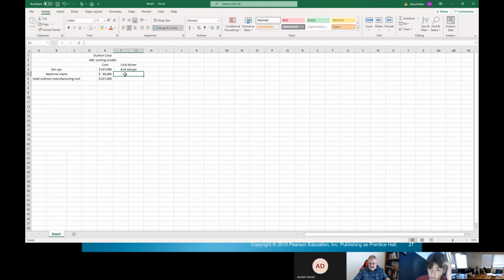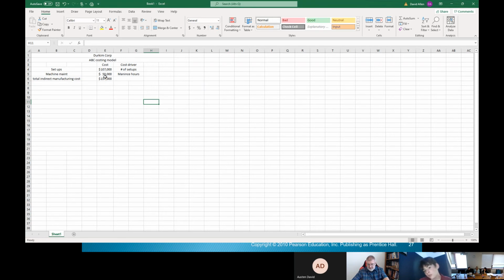And for the machine maintenance, it was machine hours, right? Okay, so all I've done is transfer the information from the book into our spreadsheet. And the reason I did that is because in a minute we're going to have to start doing some calculations, and I wanted to have these numbers there so that I could just click on them to do our formulas. Is everybody tracking with me so far? Yep.